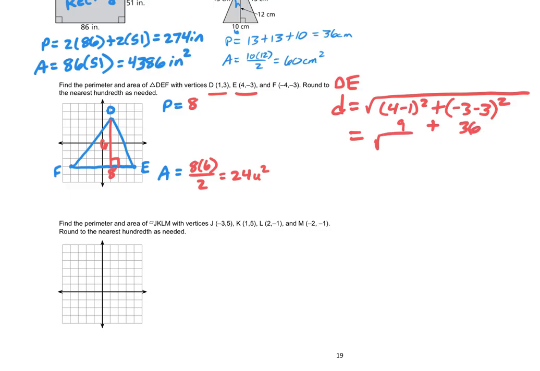And 9 plus 36 would be radical 45. For right now, I'm just going to leave it as radical 45. So we're going to say 8 plus radical 45 plus, and then I got one more piece I have to find. I still have to find DF.